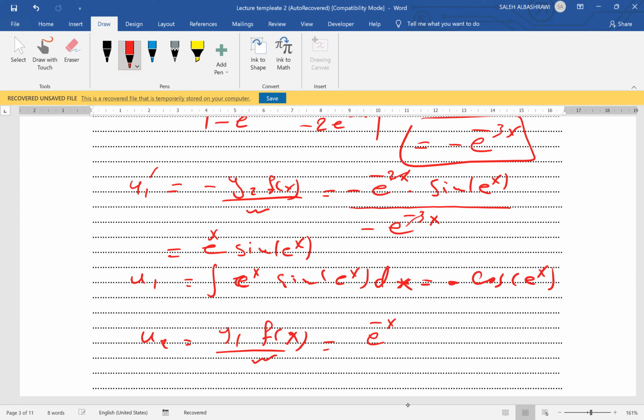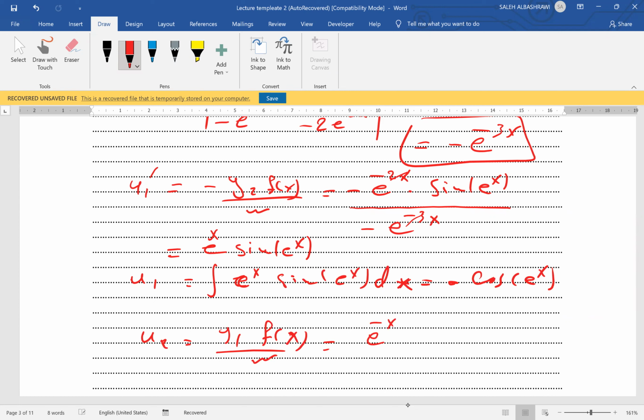This is by substitution. Let t equal e to the power x. Then dt equals e to the power x dx. So dx will give me dt over e to the power x, or dt over t.